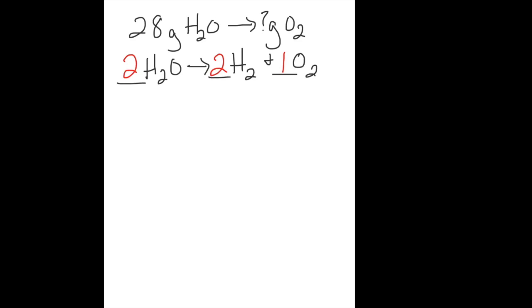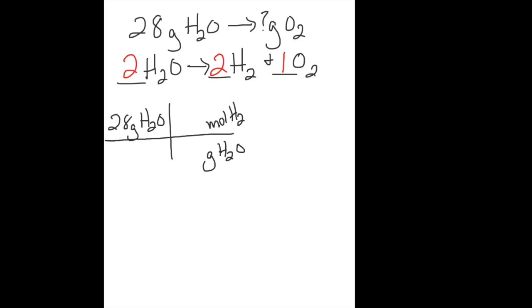So I'm going to start with 28 grams of water, and I need to cancel that out with grams of water down here. The only way that I can get 2 moles of water to use my ratio is to go from grams to moles. So I'm going to go from grams of water to moles of water.